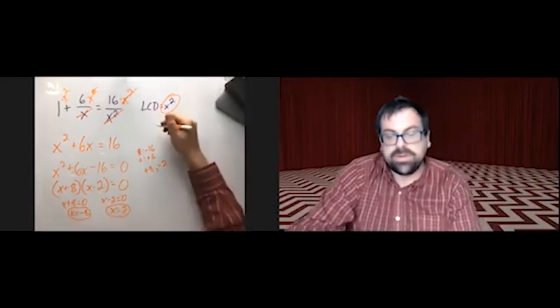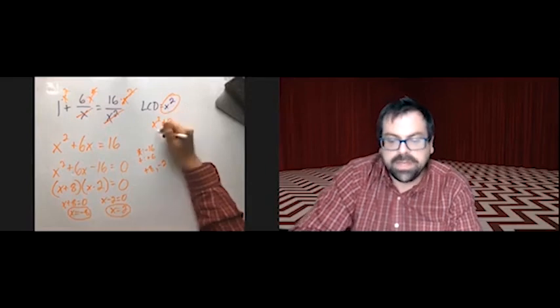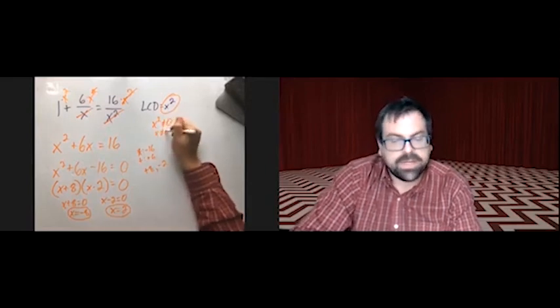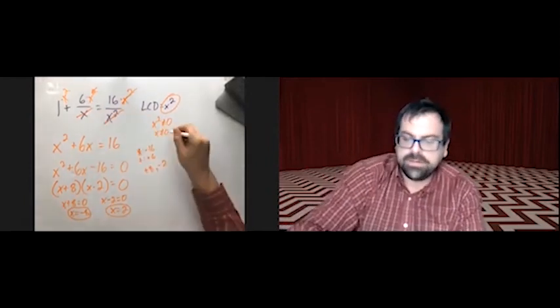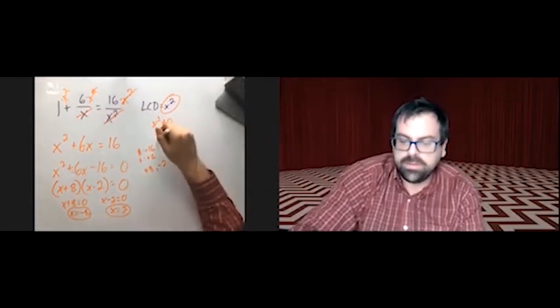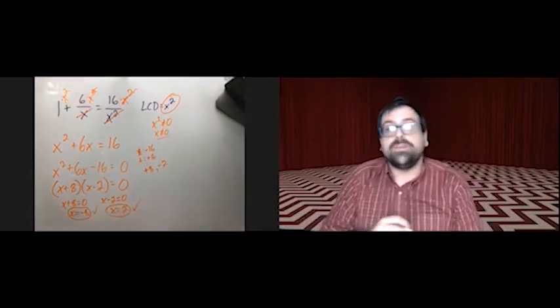Both of those answers are okay because x squared not being equal to 0 means x not being equal to 0, and that was our other denominator. We did not get 0, so both of our answers are good.